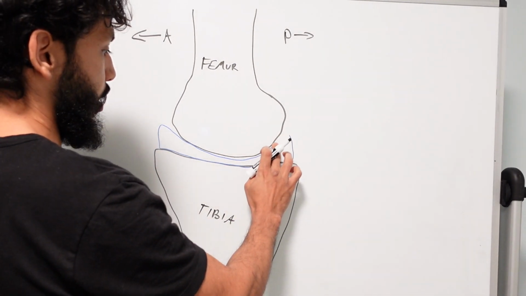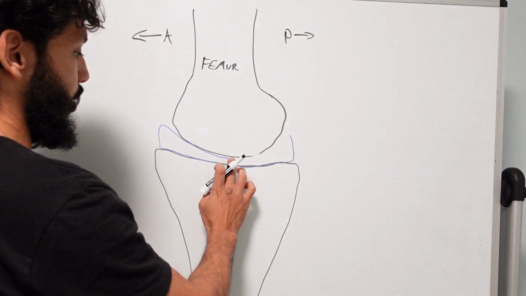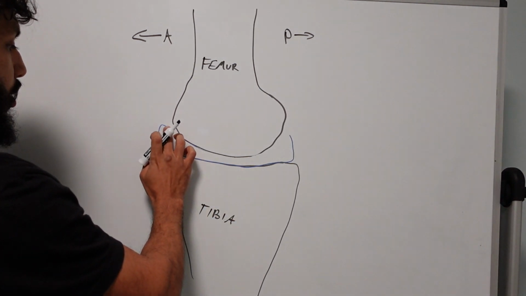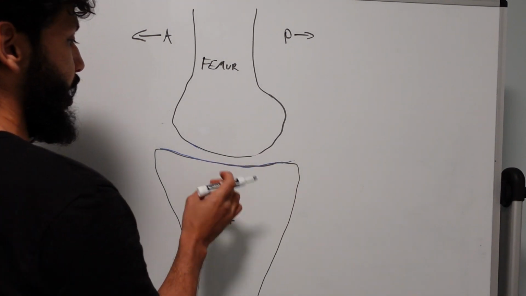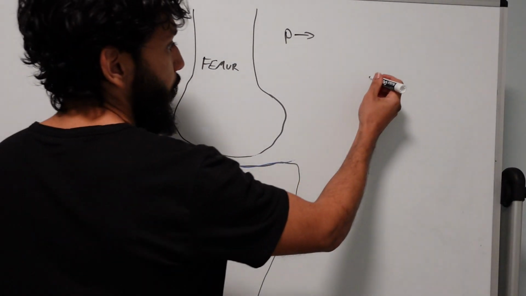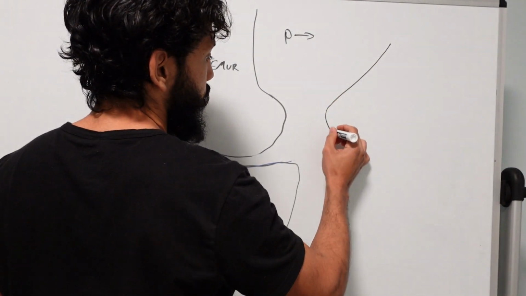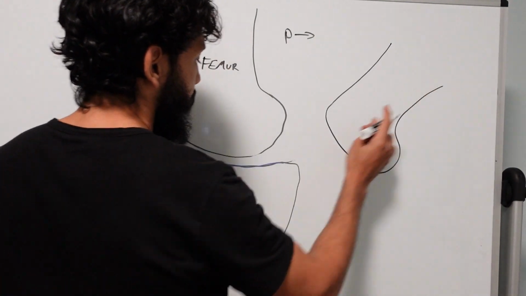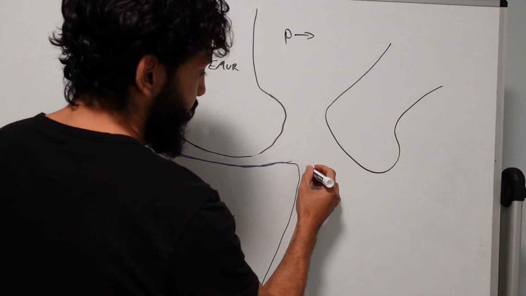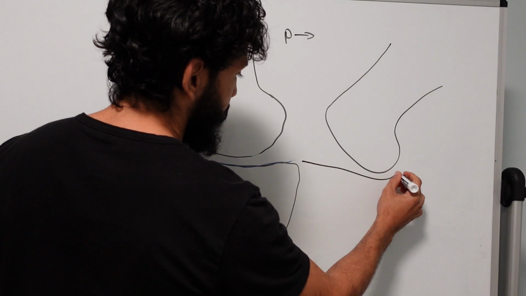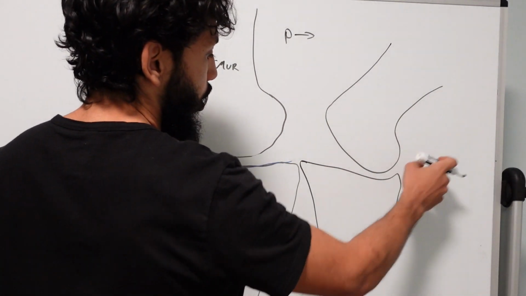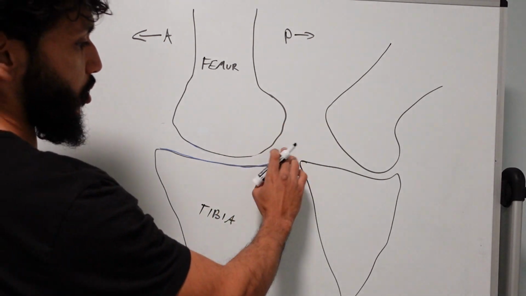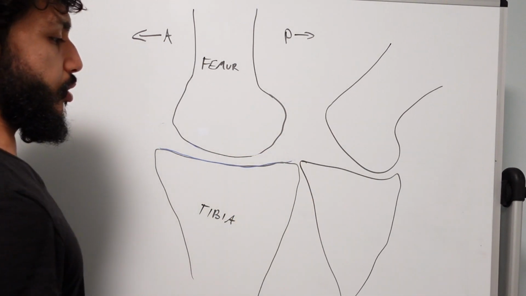Let's take this meniscus out just for the sake of this quick discussion. This femur, once it rotates backward, will essentially roll off the tibial plateau, right? So the tibial plateau is going to be here, so it'll essentially roll off the tibial plateau or roll towards that further posterior end over here.